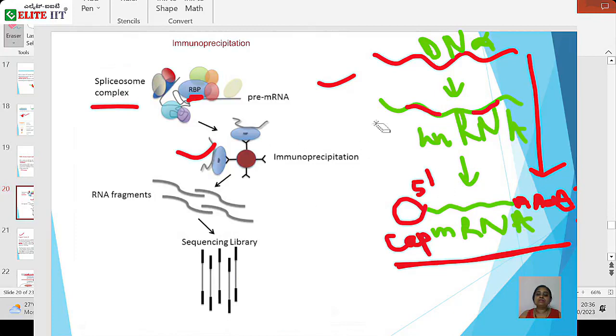But splicing mainly means intron removal and exon joining through the spliceosome complex. In this way, you can separate the RNA fragment and do the sequencing through RT-PCR and cDNA sequencing.